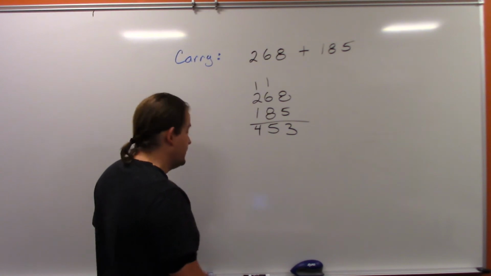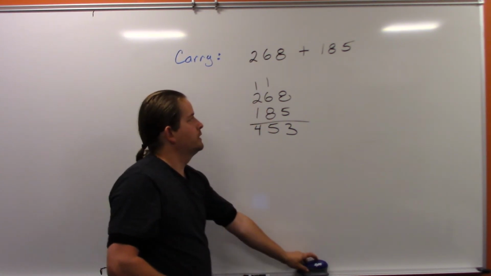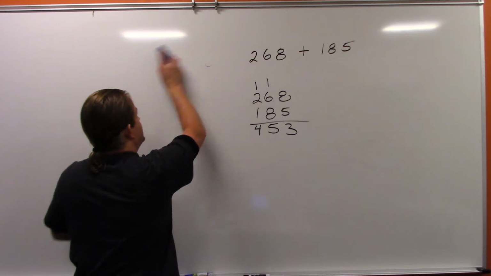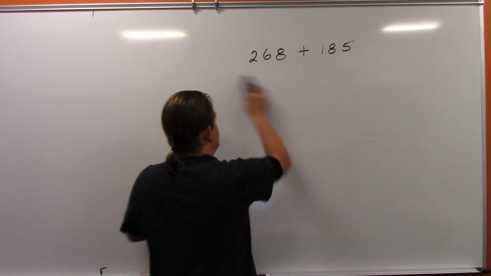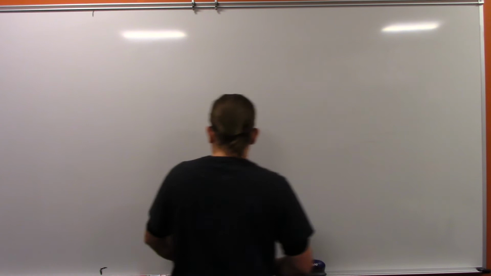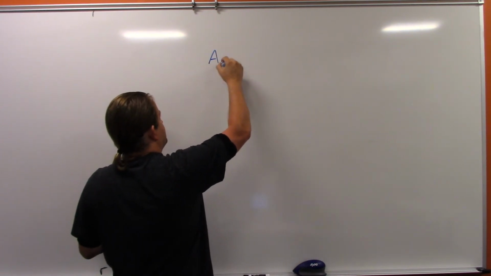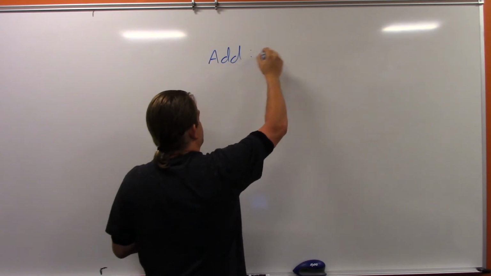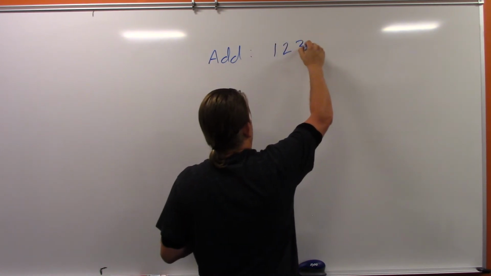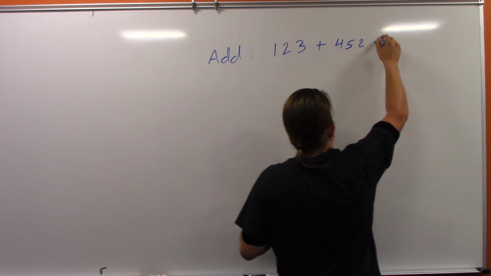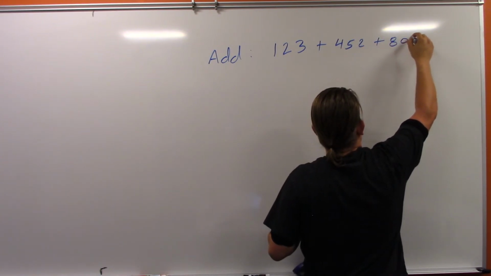All right. Now this column addition works whether I'm adding 2 numbers or 3 numbers or 4 numbers. Let's add 123 plus 452 plus 807.